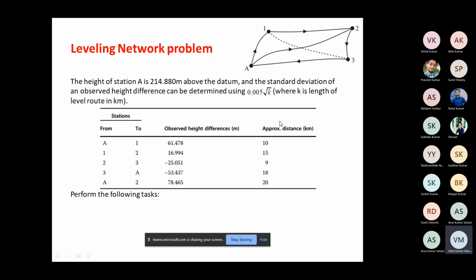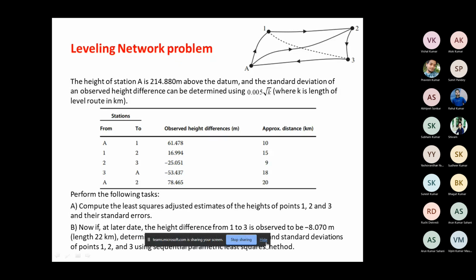So how many of you have solved that? Anyone? Alok, is it done? Yes, sir, I have solved it.